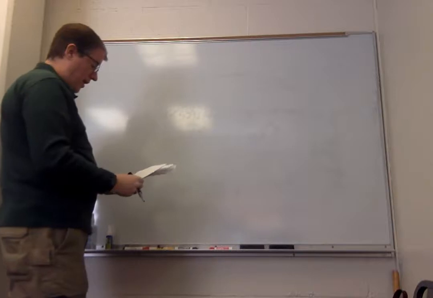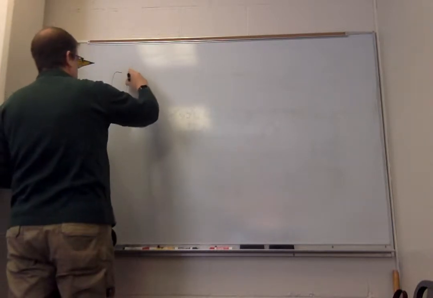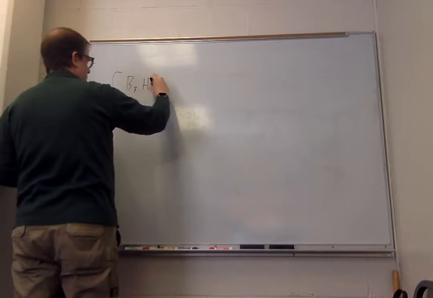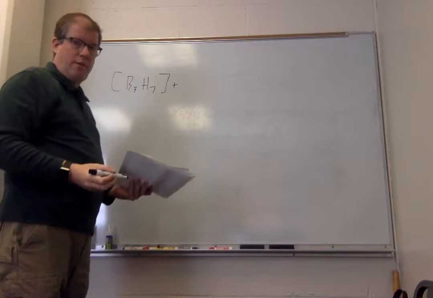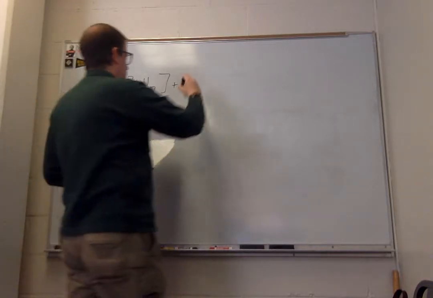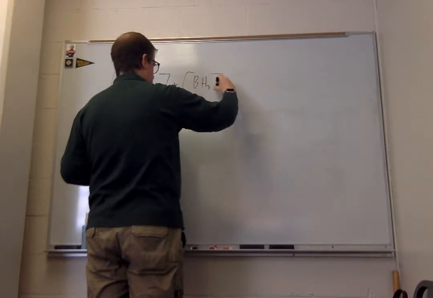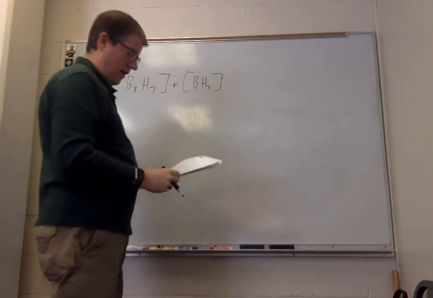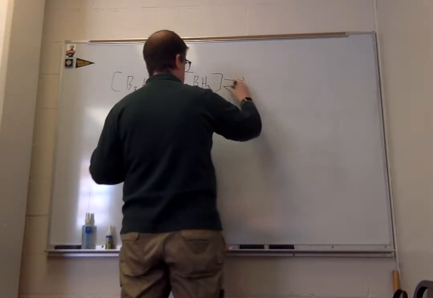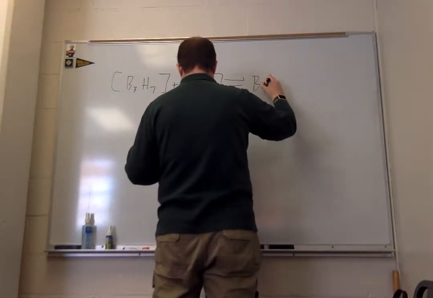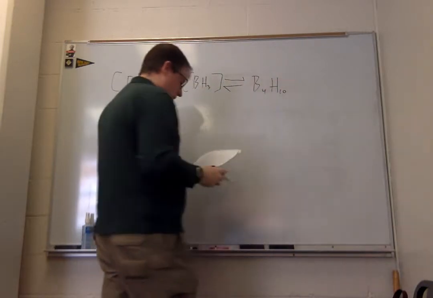So then, if we take the unstable generated B3H7, and that combines with more BH3, which is still present in the reaction, that gives you, in equilibrium, B4H10.